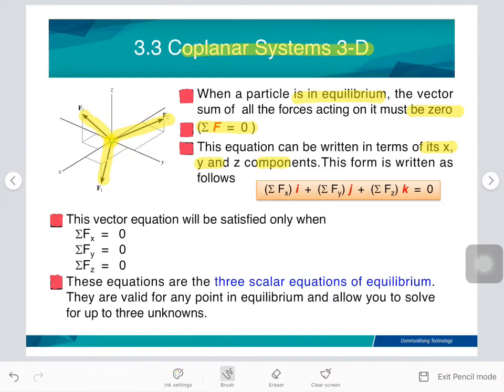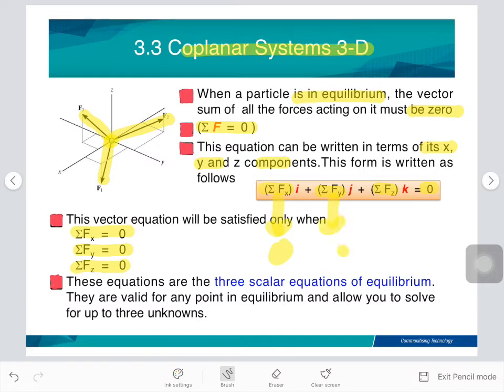So we can have summation Fx in i plus summation Fy in j plus summation Fz in k is equal to 0. In this vector equation, we can satisfy that summation Fx equal to 0, summation Fy is equal to 0, summation Fz is equal to 0, like this.